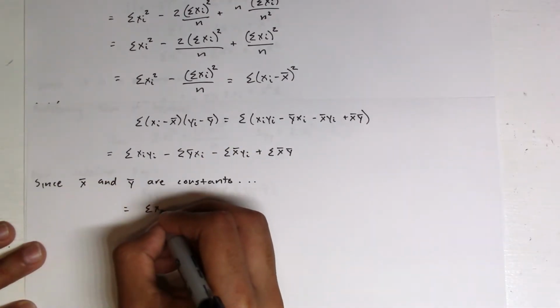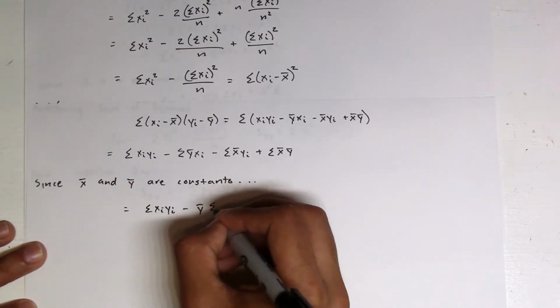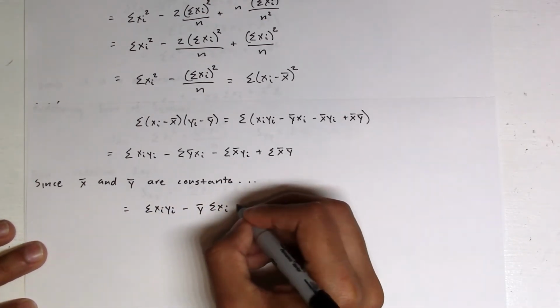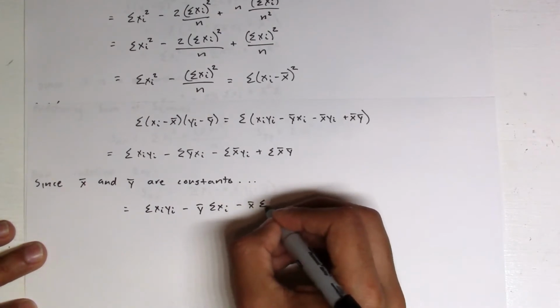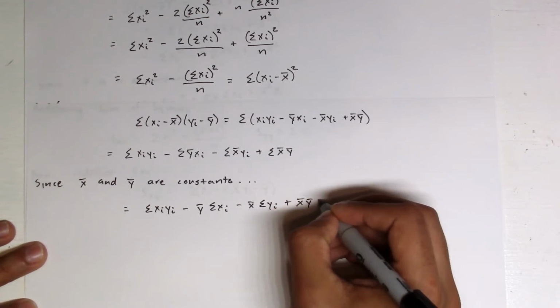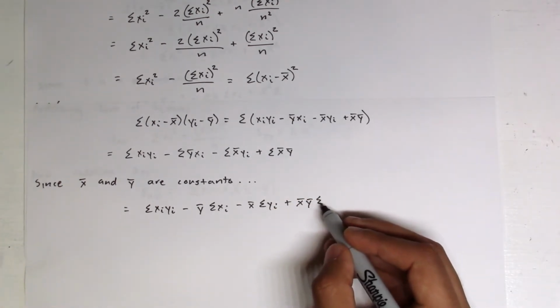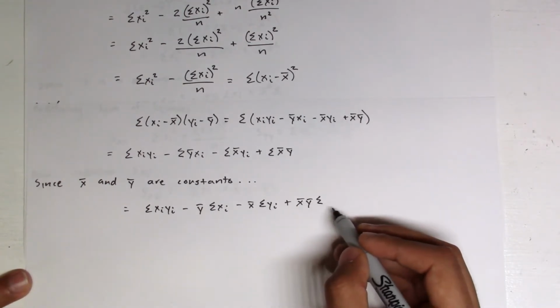So we get the sum of xi yi minus y bar times the sum of xi, minus x bar times the sum of yi, plus x bar y bar times sigma. And as we said before, this simply becomes n times x bar times y bar.